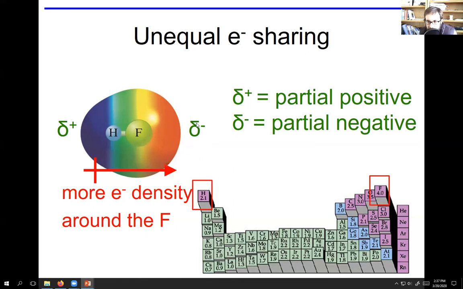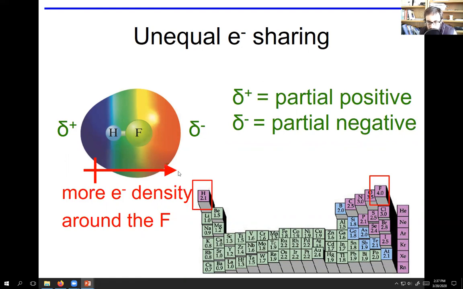We can write that as this lowercase delta. That's the Greek symbol for a lowercase delta, with a minus. That stands for a partial charge. So we can write a partial minus charge on the fluorine and a partial positive charge, therefore, on the hydrogen. And we draw this arrow. This is called a dipole moment. It's showing where the negative charge, the electron density, is pointing towards.